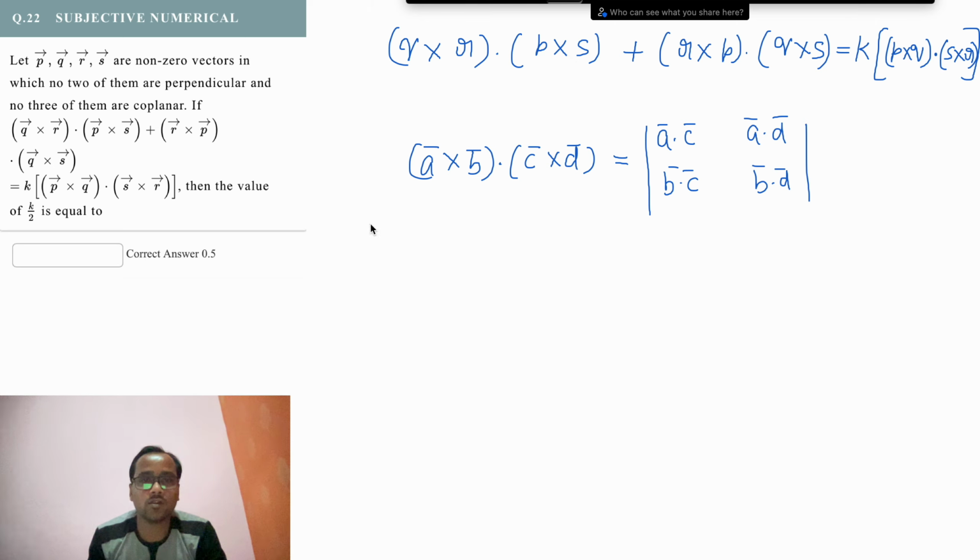This is what? This is q dot p. See, a dot c, a dot d here, b dot c, b dot d here.